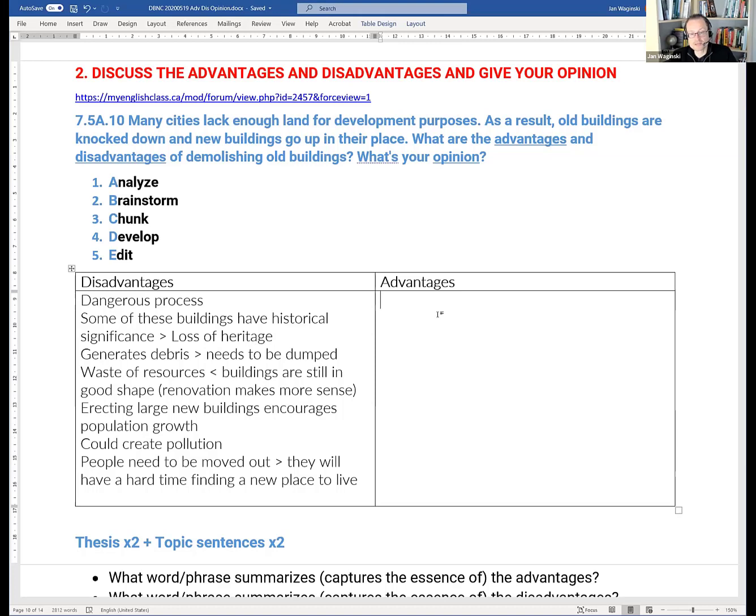Okay, so what's the biggest advantage of knocking down old buildings and putting up new ones in their place? Finding a solution for homes, a shelter solution.